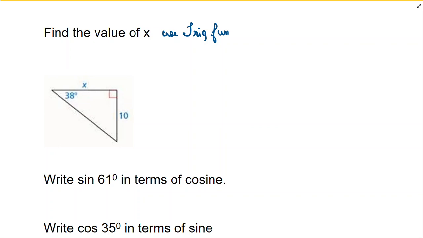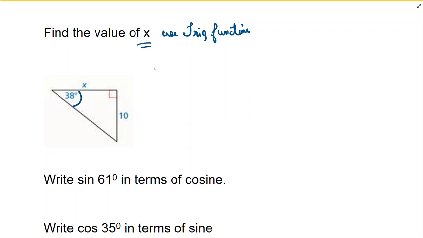So I have an angle given, and they only want X. Well, I don't have a hypotenuse, but I have opposite over adjacent.